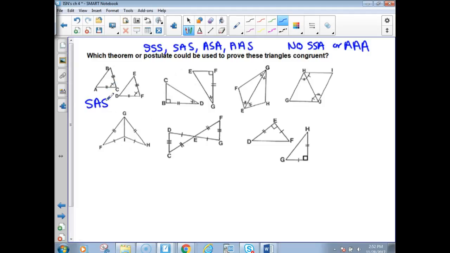A side, an angle, and a side. The next one's an example of an angle. See the two angles that match up, and then a side between the angles. So this is angle, side, angle.